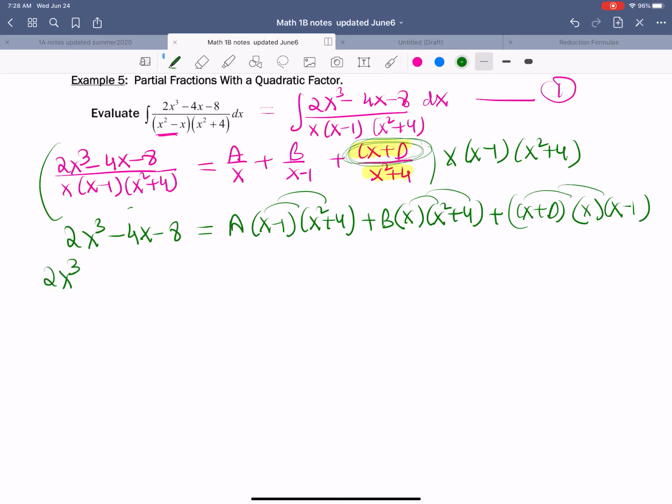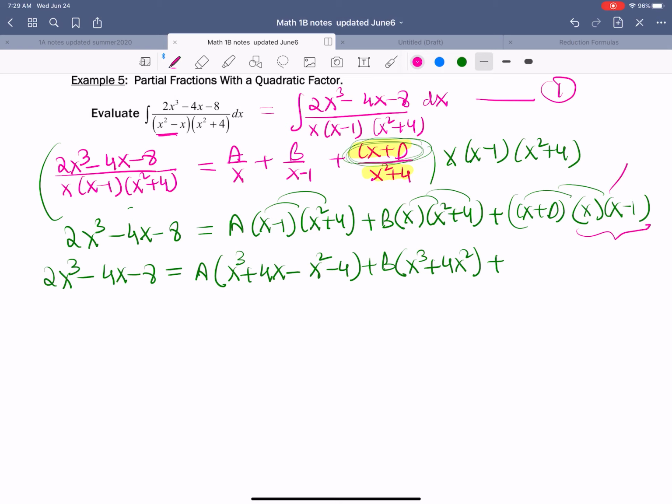So we have 2x to the third minus 4x minus 8 equals a times x to the third plus 4x minus x squared minus 4, plus b times x to the third plus 4x squared, plus, this is x squared minus x, right?